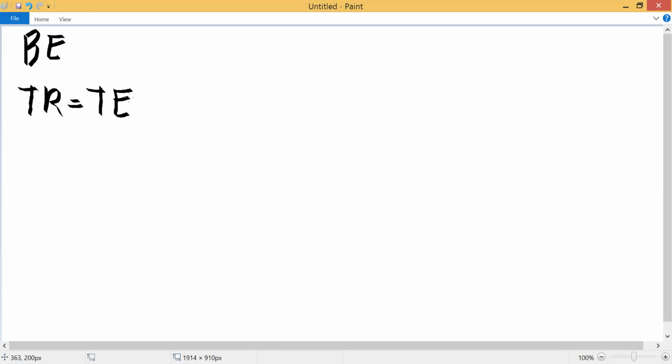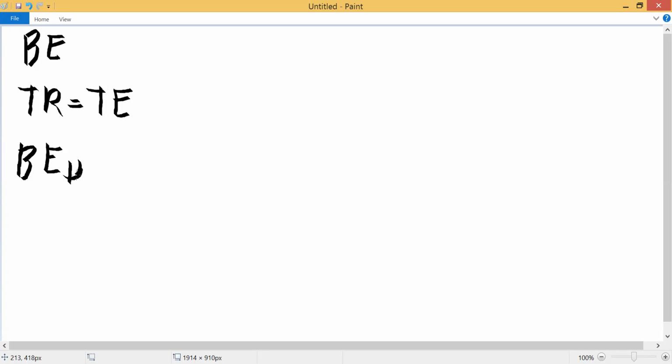Okay, so the break even point in units: how to get the break even point in units, meaning how many books you should sell in a business to break even.